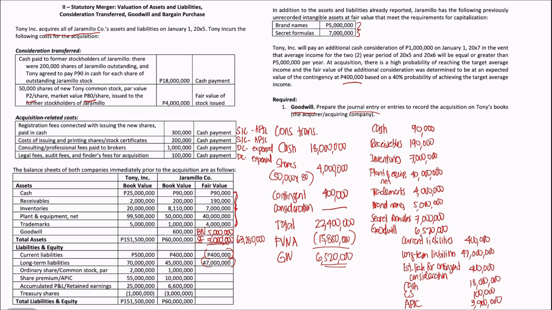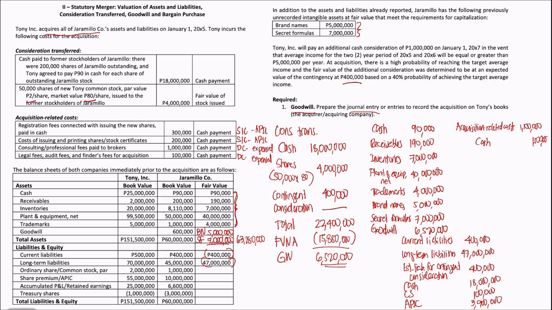To record the direct costs, we debit acquisition-related costs, and credit cash for 1 million plus 100,000, 1,100,000.